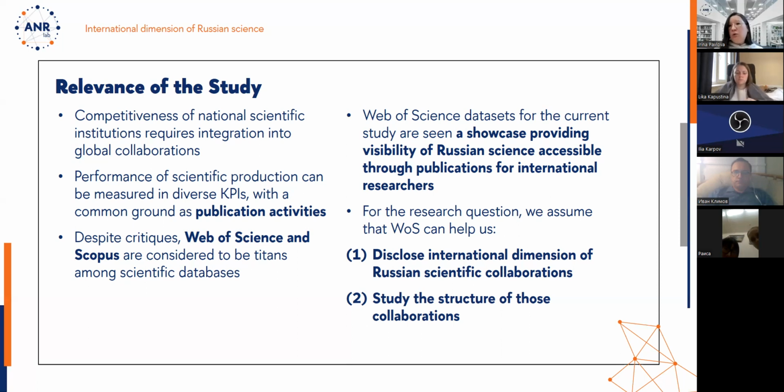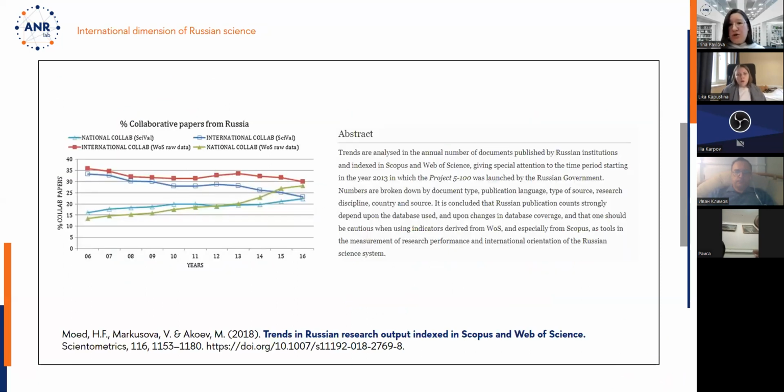So originally, we decided to think in terms of the research questions, probably assuming that this data set will allow us to disclose the international dimension of Russian scientific collaborations in the first place. And also this data set may help us to study the structure of those collaborations.